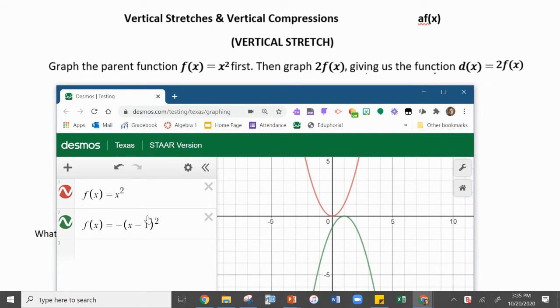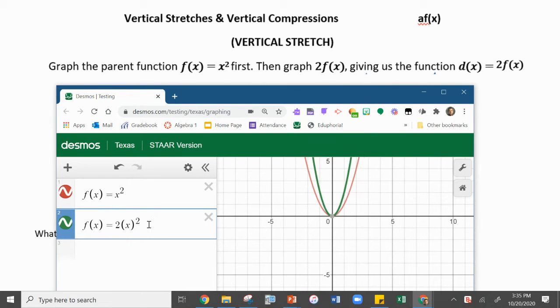And so I'm going to go in here and I'm going to type in 2. If it'll let me do f of x. I don't think it will. It does. So I can just go in here and just type in f of x equal x squared, and then just type 2f of x, and it will actually graph both those for me.